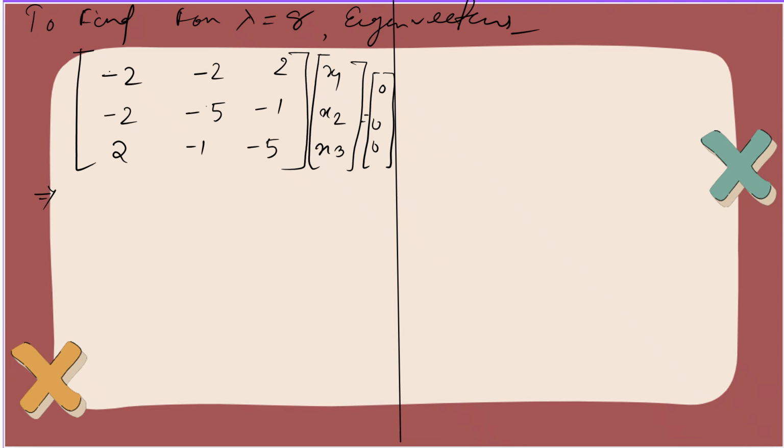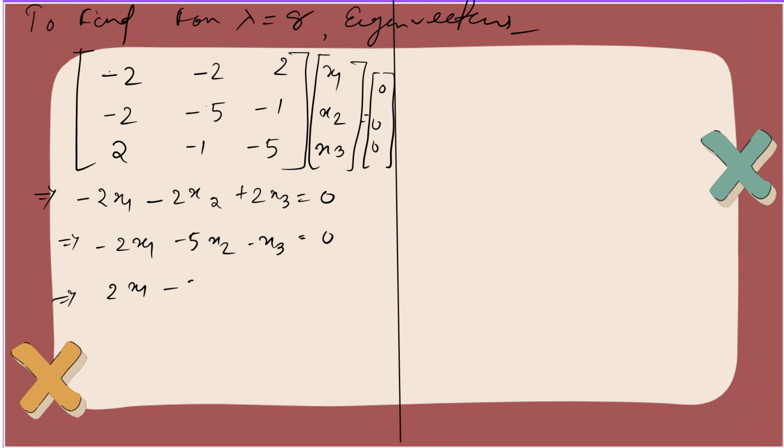Now three equations are formed: minus 2x1 minus 2x2 plus 2x3 equal to 0. Second equation is minus 2x1 minus 5x2 minus x3 equal to 0. Third equation is 2x1 minus x2 minus 5x3 equal to 0. So this is the first equation, this is second, and this is third equation. Now you have to solve these equations and find x1, x2, x3 values.